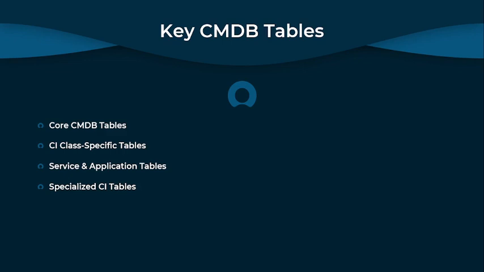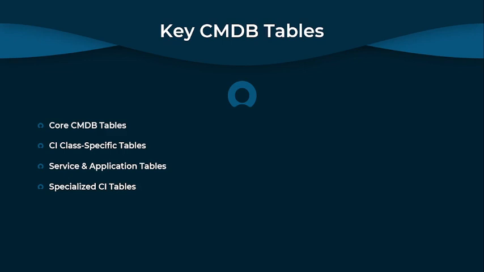Then specialized CI tables. cmdb_ci_software manages information about software applications and licenses, capturing fields like software name, version, license key, and install count. This is crucial for software asset management and compliance.